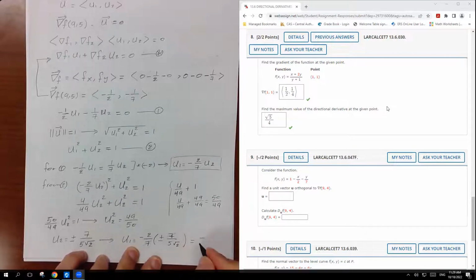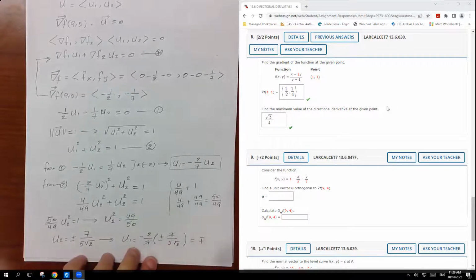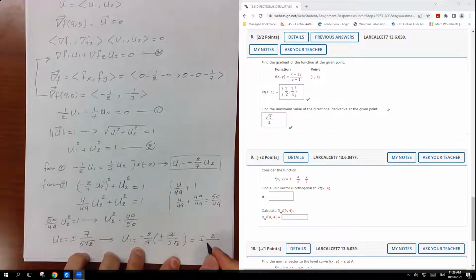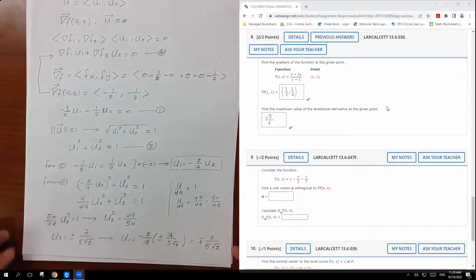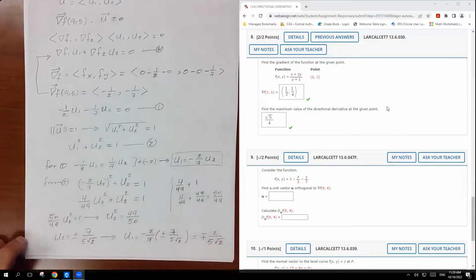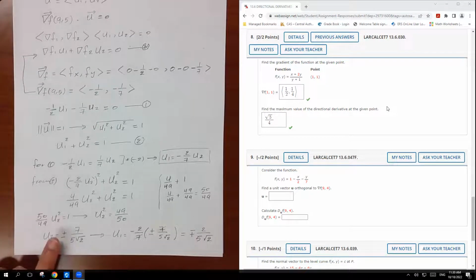Negative times negative is going to be positive. That means we have two solutions. When u2 is positive, u1 is going to be negative. When u2 is negative, u1 is going to be positive, the opposite sign. And the 2 here is going to be 2 over 5 square root of 2, because we cancel the 7 with the 7. So we found u1 and u2: two solutions, two values for u2 and two values for u1. We didn't finish.